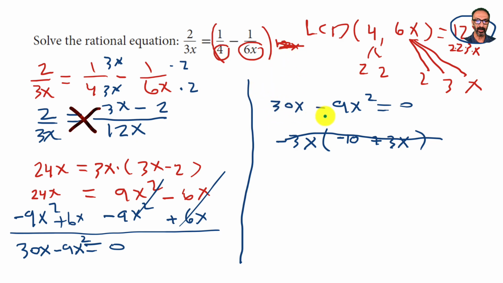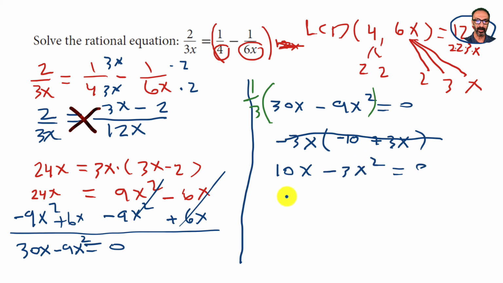Notice that 30x and 9x to the second, they both divide by 3. So I'm gonna multiply everything by 1/3. I want to reduce my numbers. Divide by 3. So the left hand side becomes 30x divided by 3, which is 10x, minus 9 divided by 3, which is 3x to the second, equals 0.